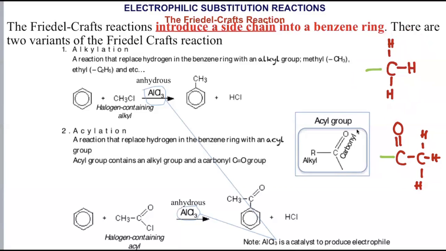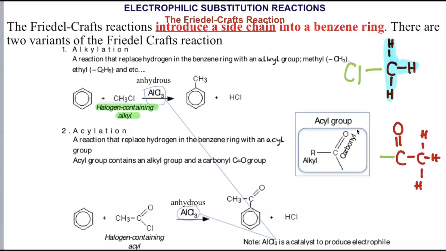However, the reagent must be a halogen containing alkyl. So we already know our alkyl, which is CH3, all you have to do is attach a halogen to it, either a chlorine or a bromine.